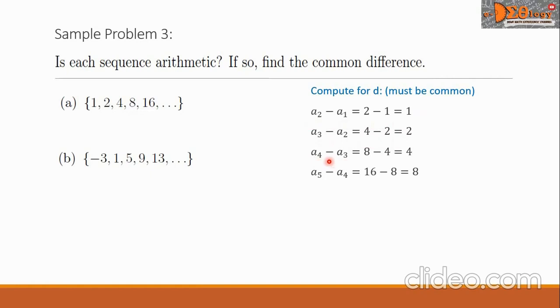A sub 4 minus a sub 3 equals 8 minus 4 equals 4. A sub 5 minus a sub 4 equals 16 minus 8 equals 8. We can see that the difference is not common for any 2 consecutive terms. So we can conclude that the sequence A is not arithmetic. We will write our answer opposite sequence A.